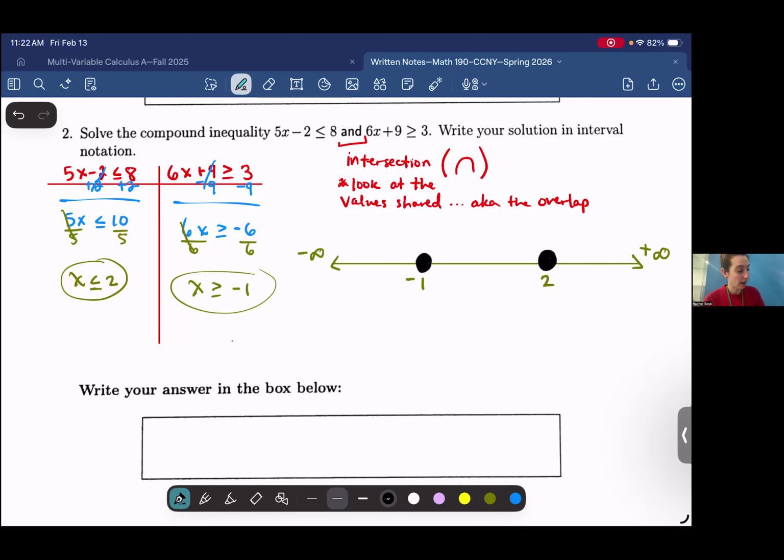So we have x is less than or equal to 2. Why don't we make that our yellow? And then we have x is greater than or equal to negative 1. Why don't we make that our blue?